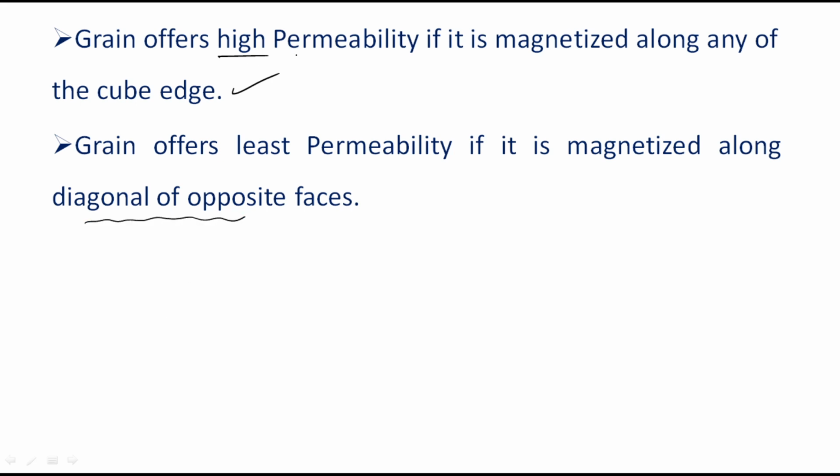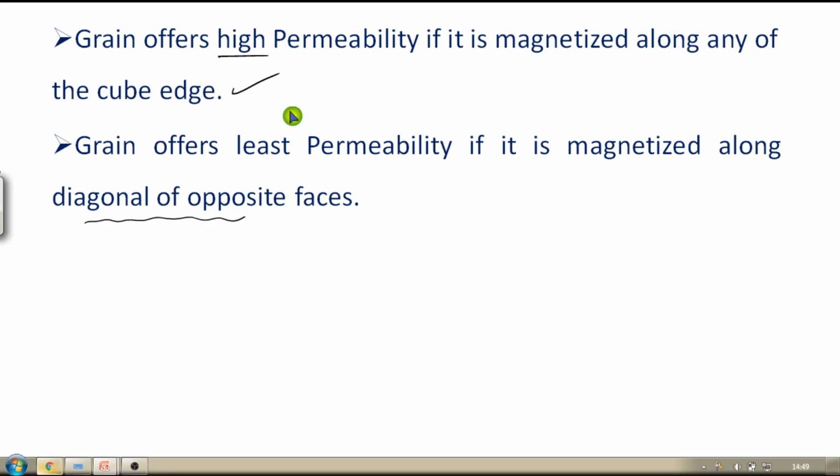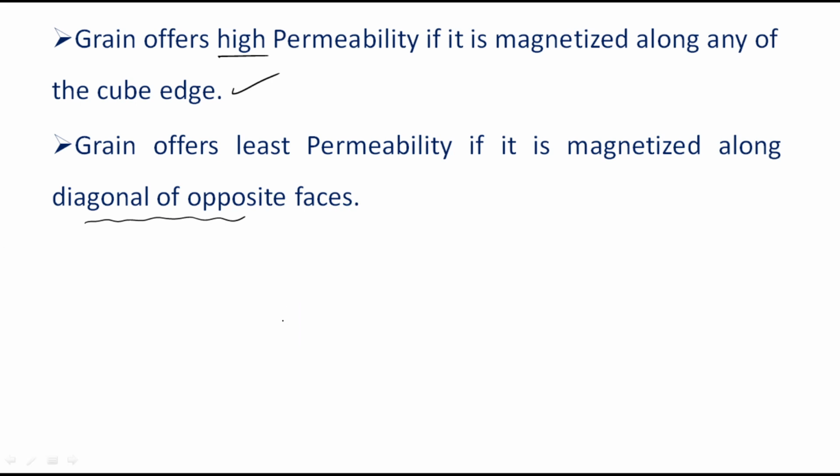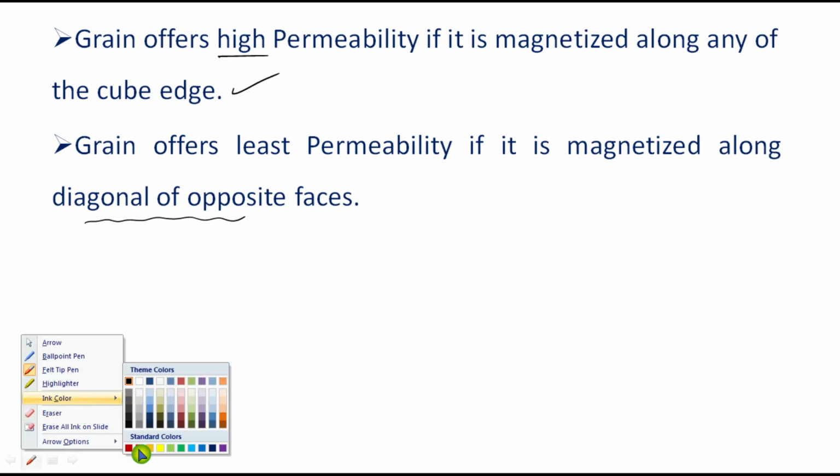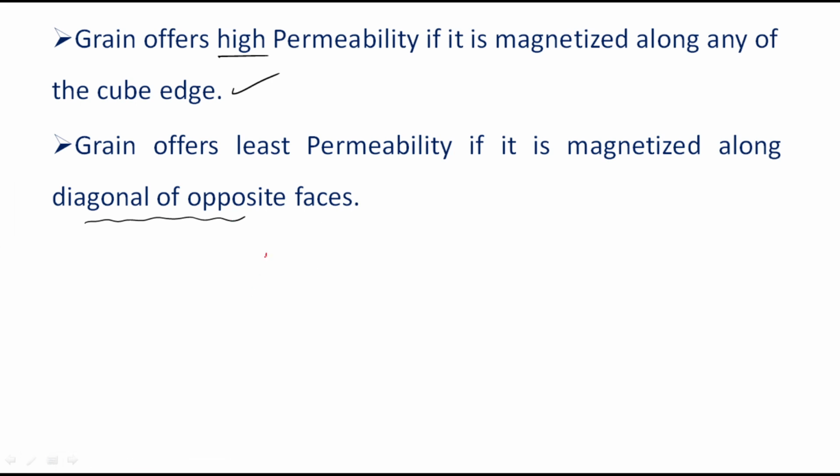So in this case we are going to get maximum permeability, but coming to least permeability, we get it when the magnetization is done along the diagonal of opposite faces. So along cube edges means what? Mu, the permeability of AB, is more than the permeability of AC, and of AD.